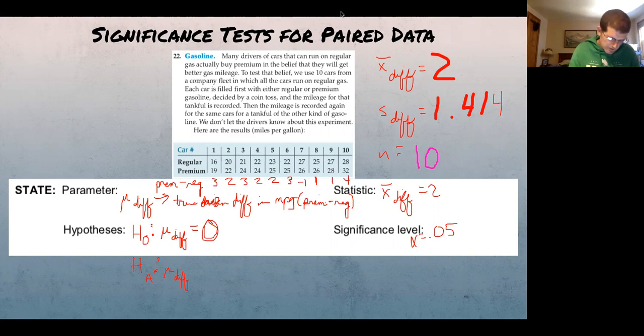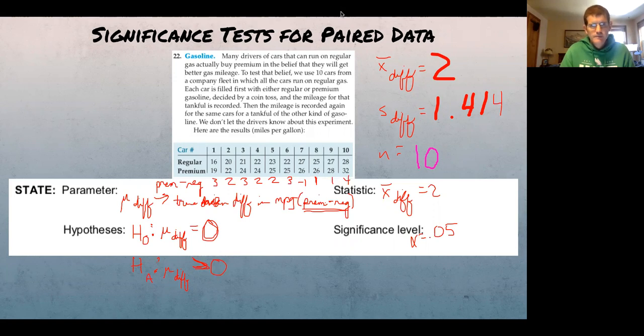So, of course, our alternate hypothesis is that our difference will be greater than 0. And the reason I say greater than 0 is because I'm doing premium minus regular. So I would expect that if premium really does give us more miles per gallon, when I subtract the regular away, I should see a positive difference.